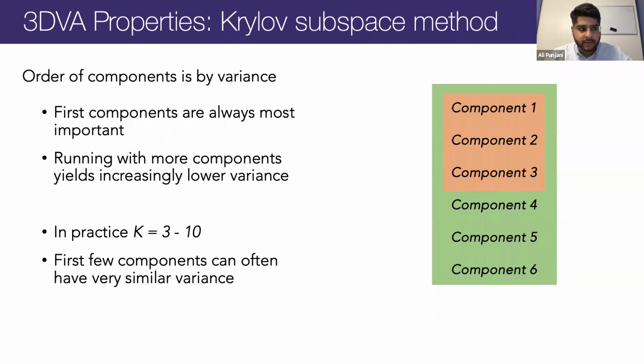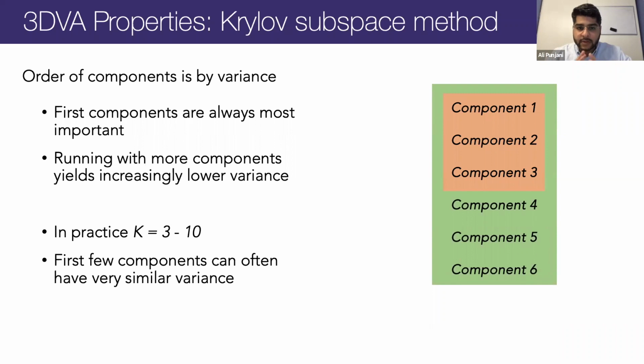And one of the very interesting properties of Krylov subspace methods, which I won't get into in terms of their definition or the proofs, is that when they're solving a problem like this, in general an eigenvector problem, these methods will always solve variability components, in our case, in order of their variance.